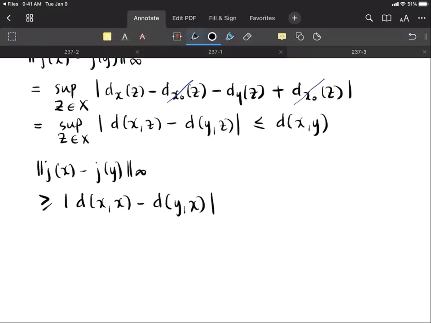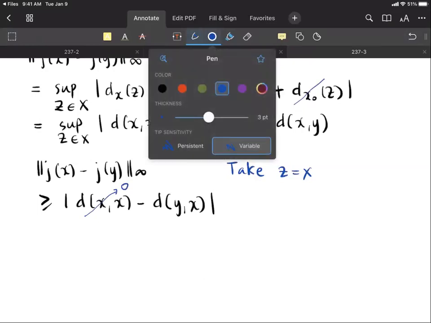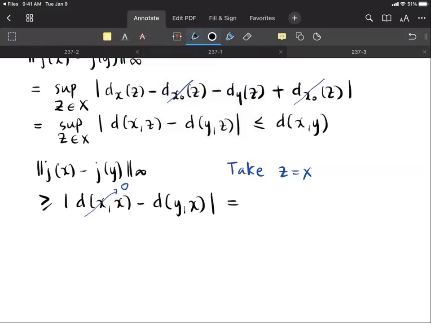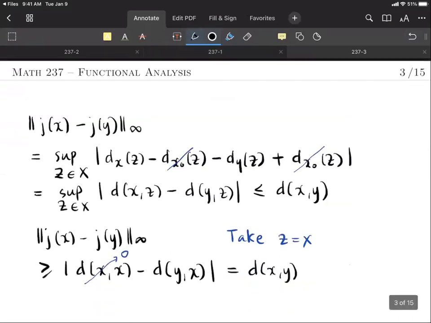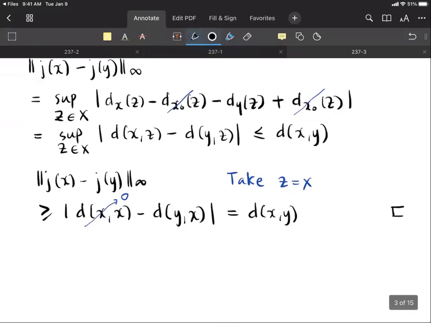Here, take note that we take z to be x, and you know that this is 0. And since the distance function is always non-negative, you end up with the distance between y and x. And by symmetry, you have the distance between x and y. And that is the reverse inequality. Hence, we have this distance preserving function J. And that ends the proof.